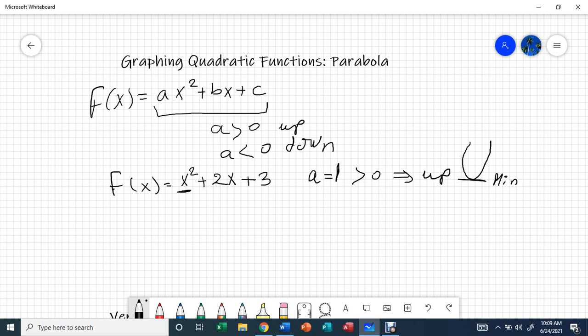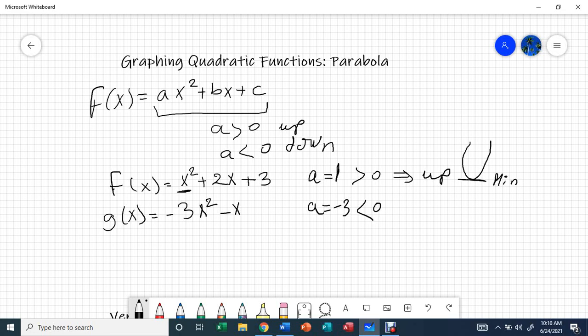Okay. Another example, g of x equals negative 3x squared minus x. So a in this case is negative 3, which is negative.